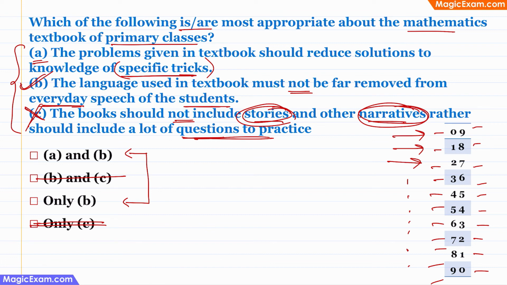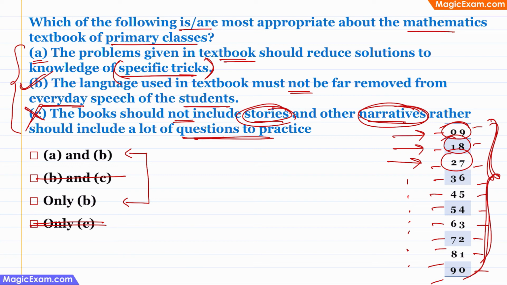But if I am not teaching you the basics of what is multiplication, how do you arrive at this 9 or 18 or 27, then you will be just able to solve only the 9 multiplication table. If I give you any other multiplication table, for example 6, you will not be able to solve because that does not follow the same trick. So here, if problems given in the textbook are reduced to solutions which use specific tricks, like how you remember 9 table, then you'll be able to solve only that problem and not solve any other problem where the basic details are changed.